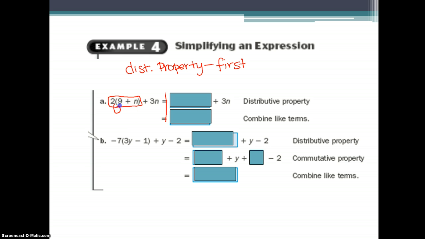So 2 times 9, and then 2 times n. Well, 2 times 9 plus 2 times n. That's 18 plus 2n. Now, do you see anything that are like terms? Well, these two both have an n. So let's do 2 plus 3, which is 5n. Bring down the 18. This is my answer.